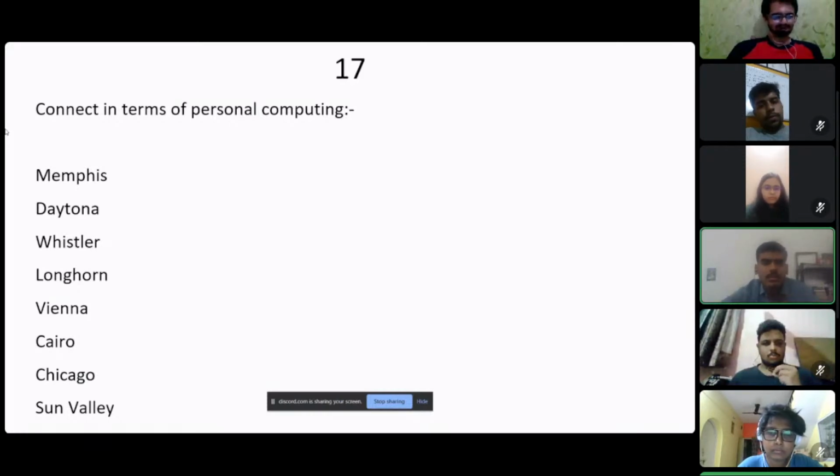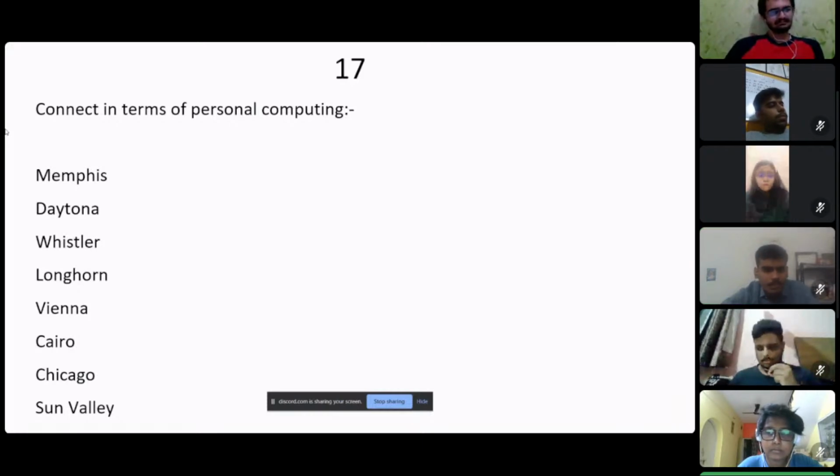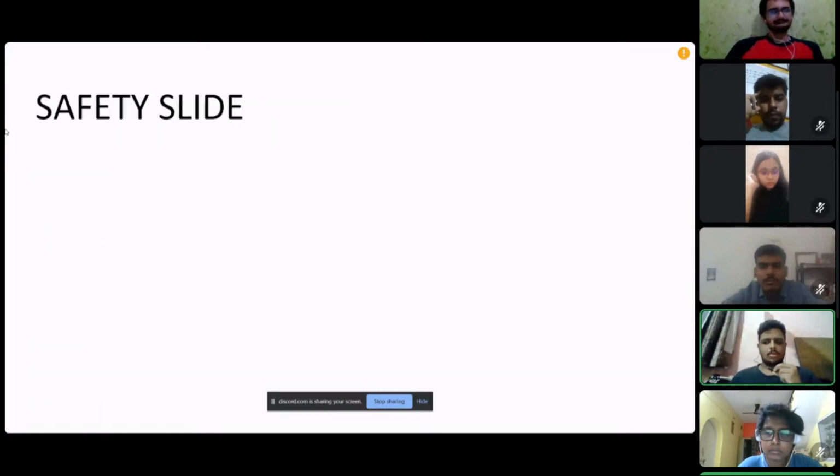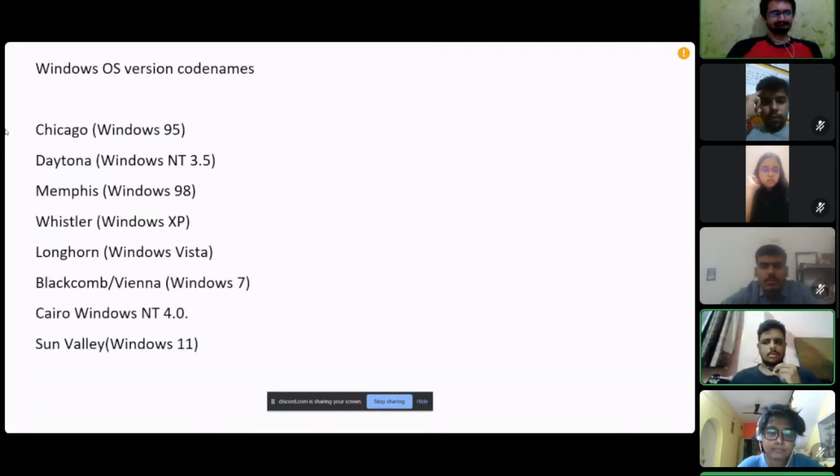So we'll move on. No negative marking in this round? No, no negative marking for you. P7. Is it Microsoft Windows code names? Yes. Correct. These are the code names of Microsoft Windows OS, up to Windows 11.